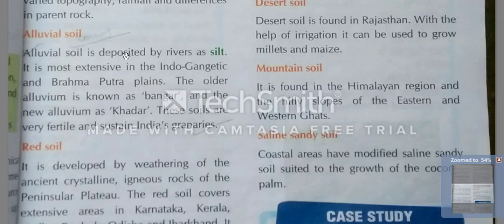Alluvial soil is deposited by rivers as silt. Deposit means gathered, we can say. In Hindi it's called jama hona.